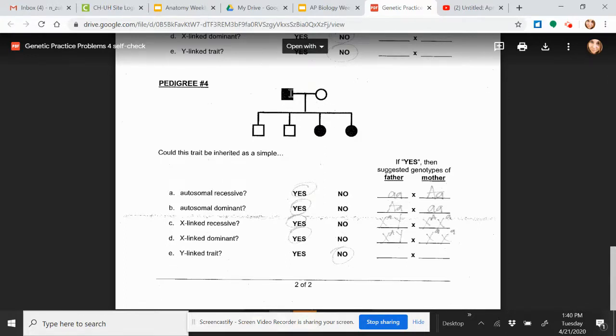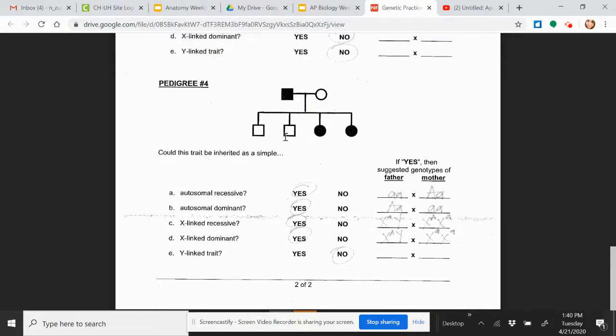Again, it would not be Y-linked because we don't see it occurring in every single male. A lot of the pedigree problems that you will see like this are mainly for deduction. You have to go through and see the different possibilities and use those critical thinking skills.